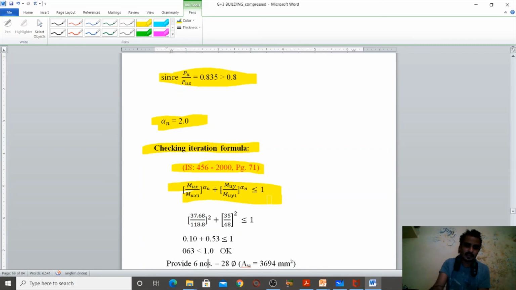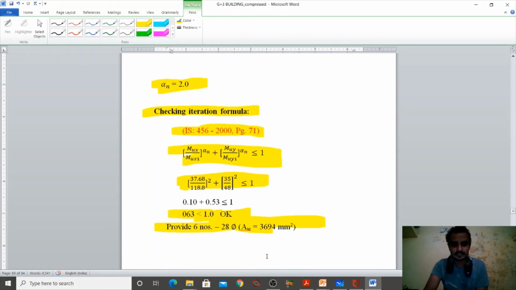Putting in all the values, we got 0.65, which is less than 1. So our design is okay, and the design of 6 bars of 28 diameter is completed.